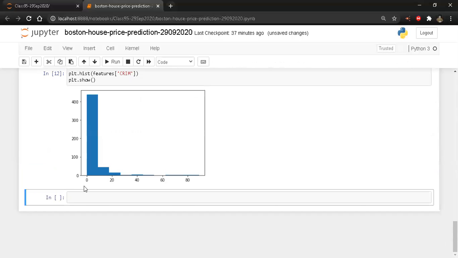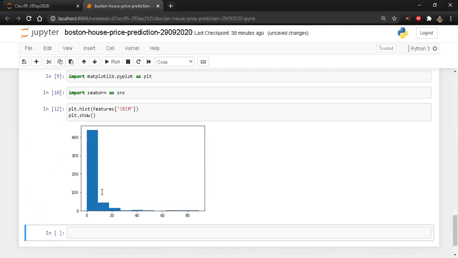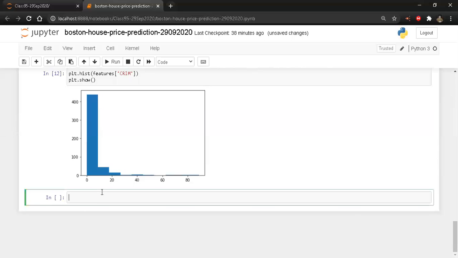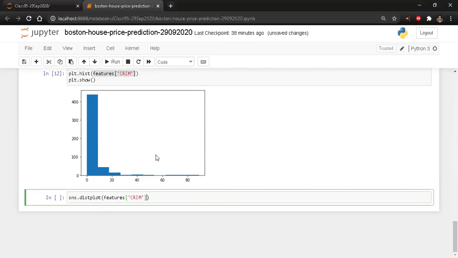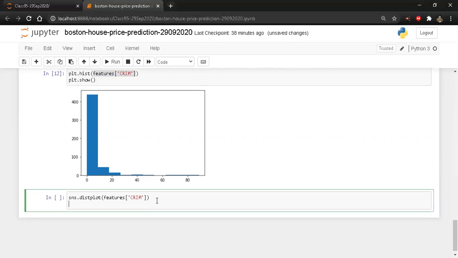As you can see clearly, is it left skewed or right skewed? Where is the skewness? Is it on the left side or on the right side? It is on the right side, right? So the skewness is over here. Let's just try to confirm this from this plot as well.